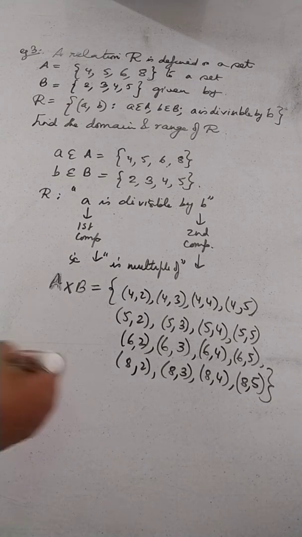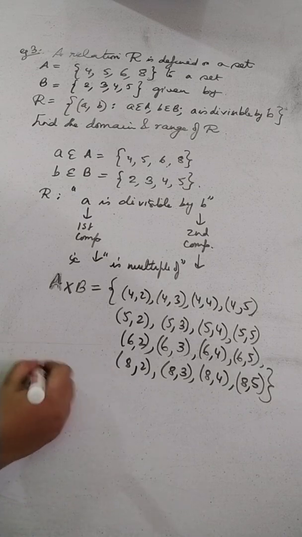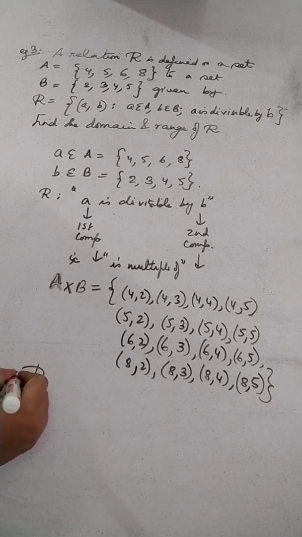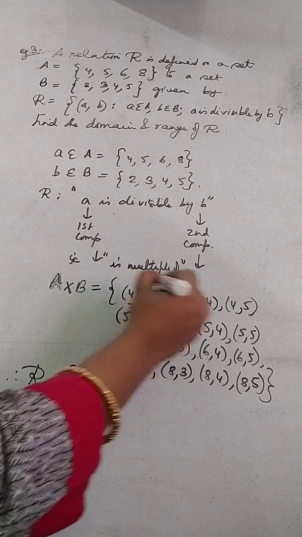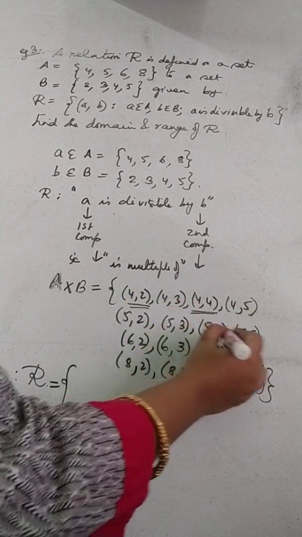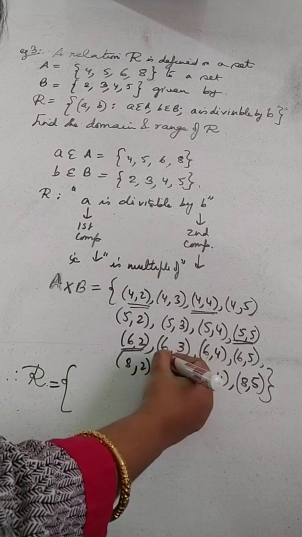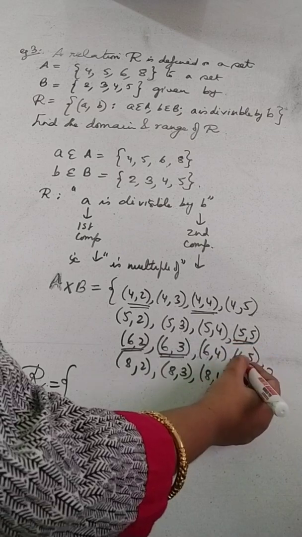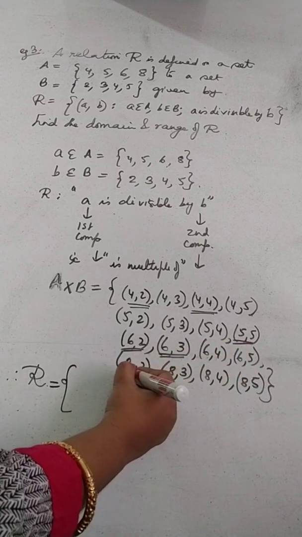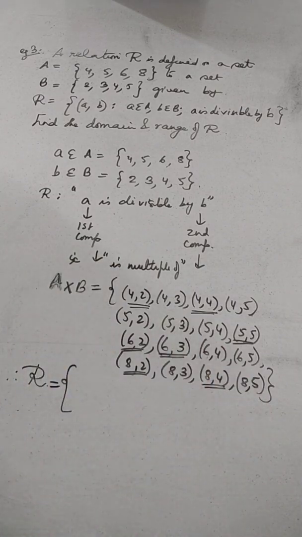So what is R therefore? The required relation R, I shift it on this side. The required relation R is, I will take only those pairs where the first component is divisible by the second. First component divisible by second. This is a fraction, so I will not choose it. First component not divisible by second, first component divisible by second.